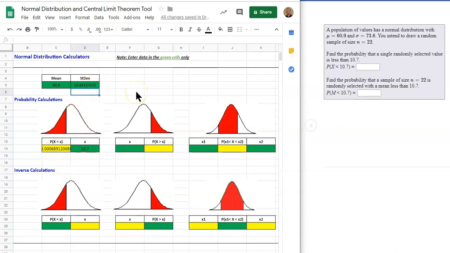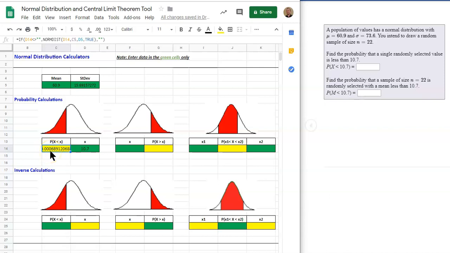I'll hit Control Z right now to undo it, and you'll see the probability change. It goes from 24.76% to, I'll redo, less than 0.1%. So it's tiny.